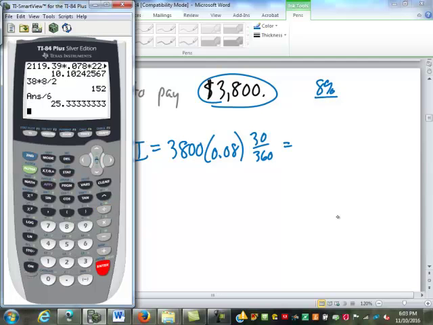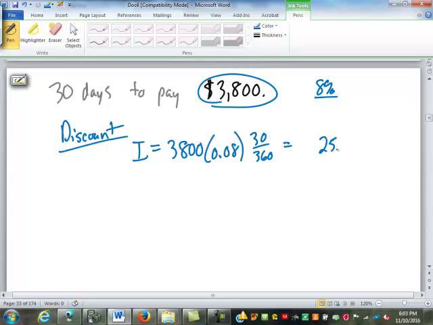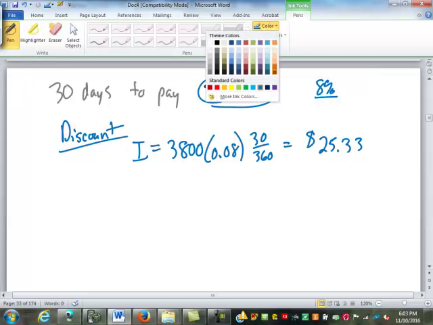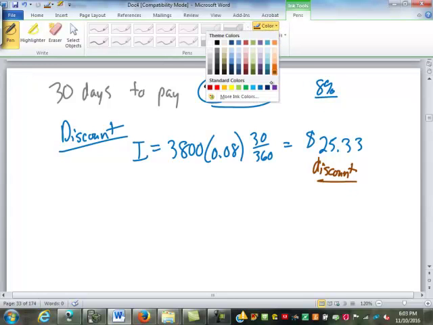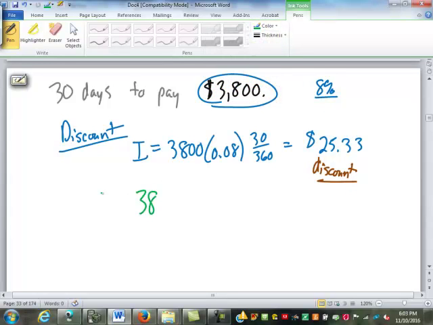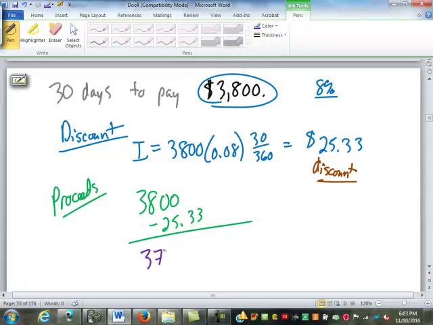So we get, what, $25.33? Is that what you guys got? Yes? Okay. That is the discount. So that means our proceeds are $3,800 minus the $25.33, which is $3,774.67.